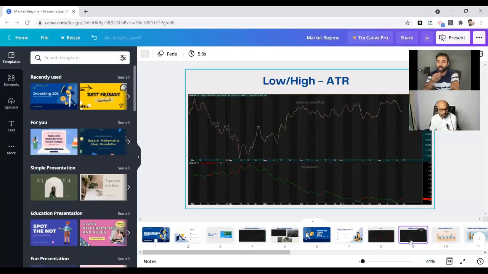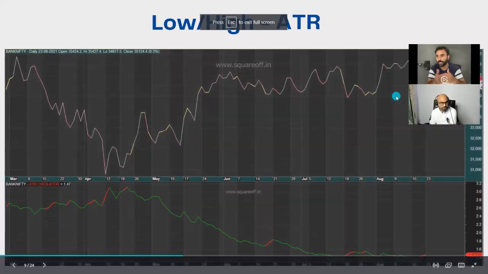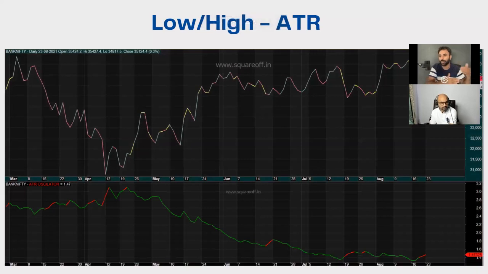For example, I use a Donchian channel indicator with respect to ATR. I calculate my ATR on a daily basis and see whether I'm in a high volatile period or a low volatile period. How do I do that? First, find out the ATR in percentage terms. The next thing is to find the highest high of the ATR percentage for the last 5 days and the lowest low for the last 5 days.